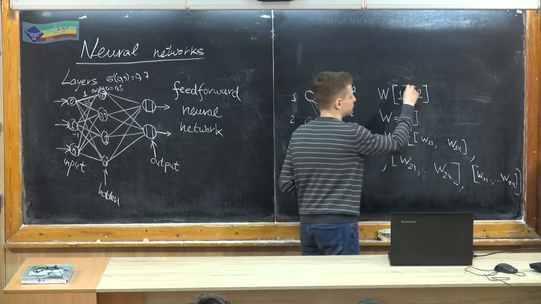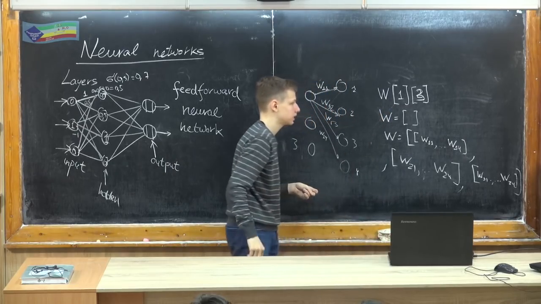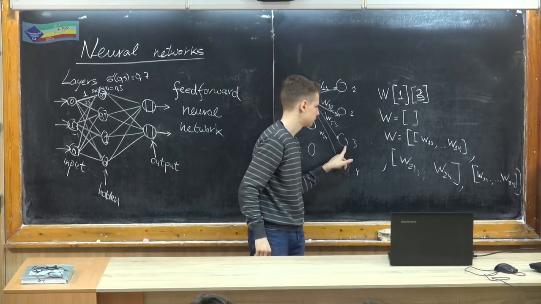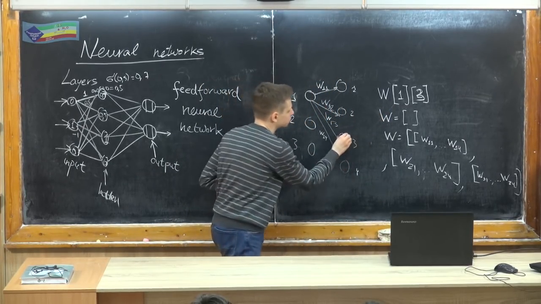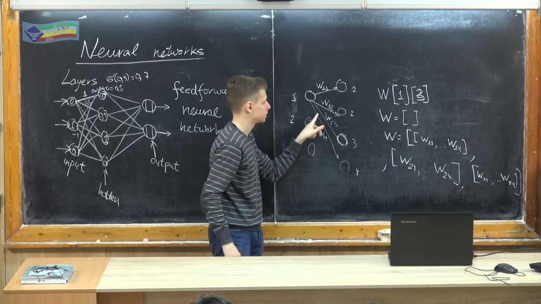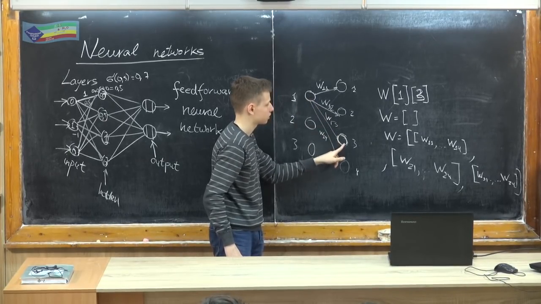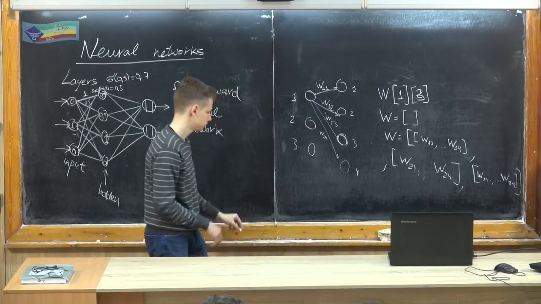And then we write in square brackets 3, and then we access the third hidden neuron. And that's how we get the weight of the connection between the first input neuron and the third hidden neuron.